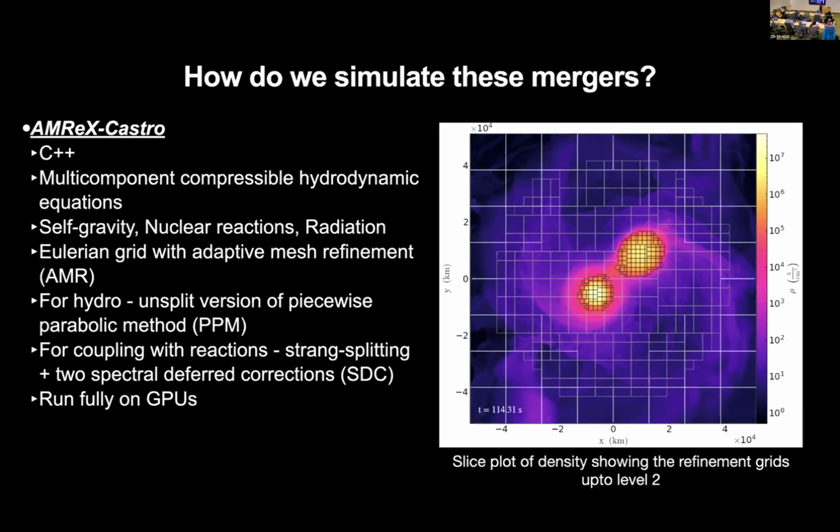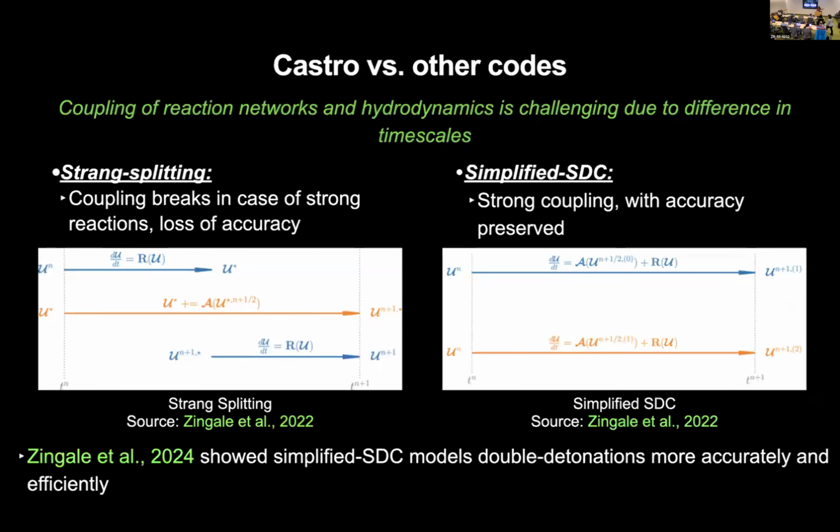I want to highlight the last 2 points over here because that's what sets us apart from other groups and the codes that they use. So over the last few years, our group has been focusing on strong coupling of hydrodynamics and reactions because this has always been very challenging in such astrophysical simulations. In traditional operator splitting methods such as Strang splitting, reactions and hydrodynamics are treated separately in a staggered manner.